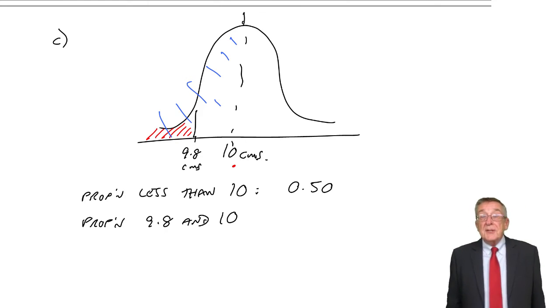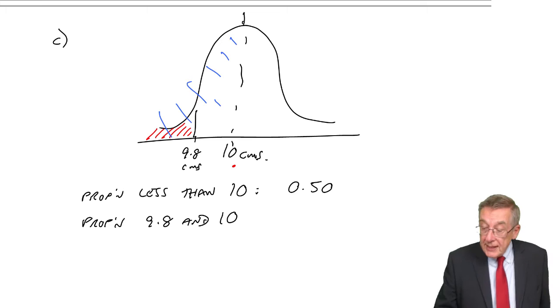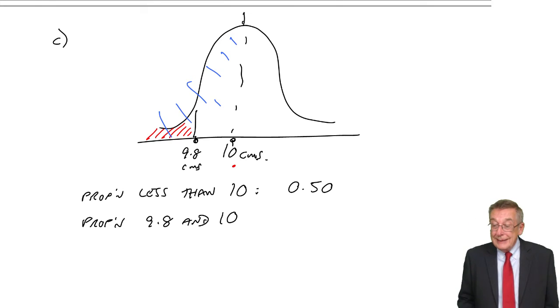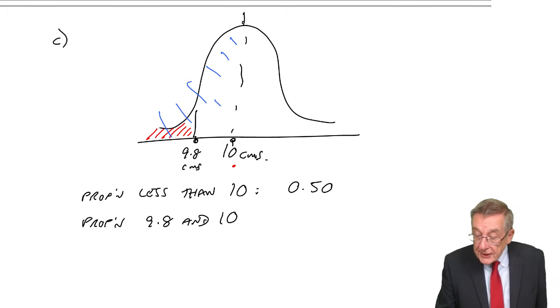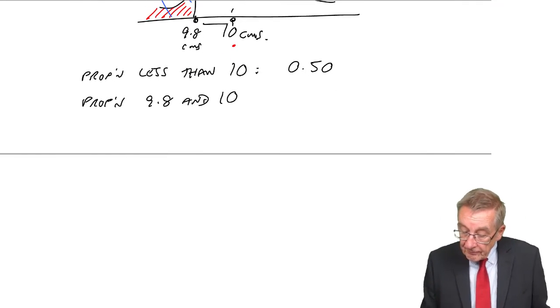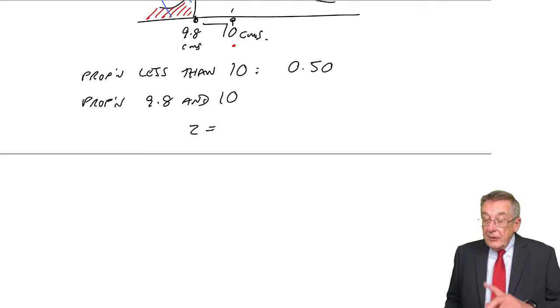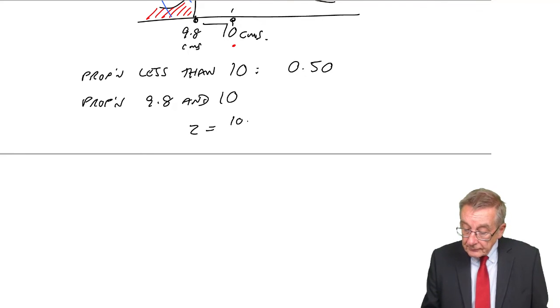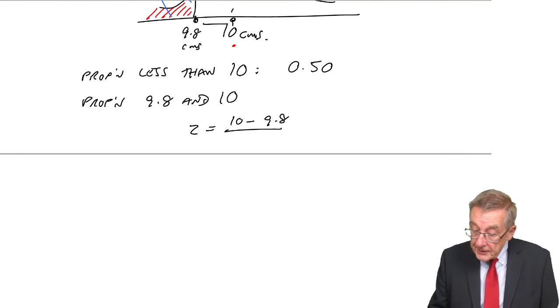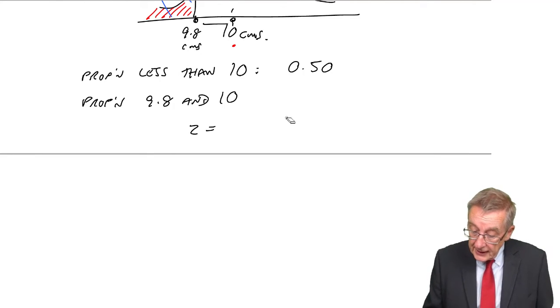We can use the tables for any area between the mean and some other point. We look at the distance away, its z-score. Well, z is the difference between the mean and the point, x minus x bar, over sigma.